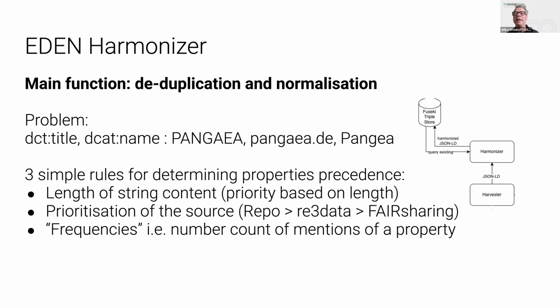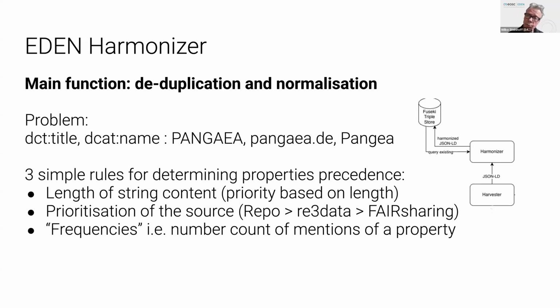First, the length of a string could be looked at, giving priority based on length. If a string is longer, then it has precedence over the others. Second, we could prioritize by the source it comes from. For instance, if it has been harvested from the landing page of the repository, then it has a higher priority and takes precedence over the data that comes in from re3data, and so on.